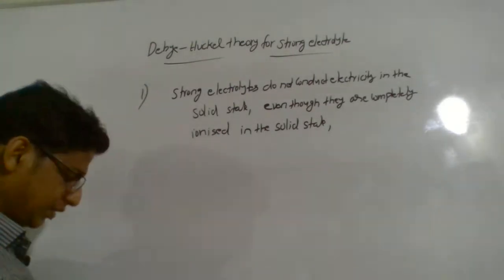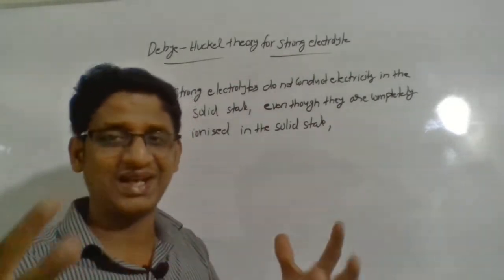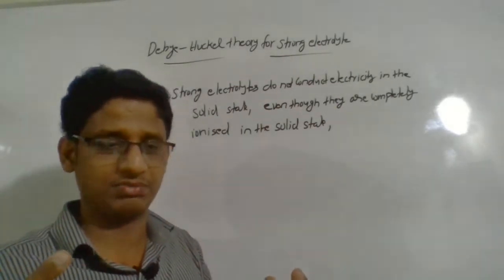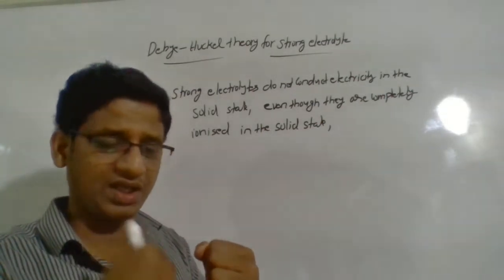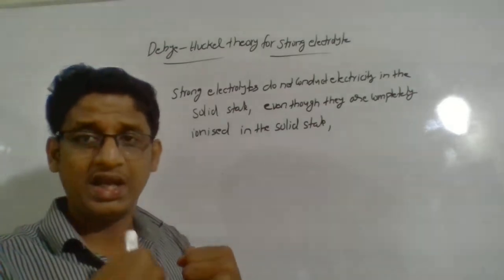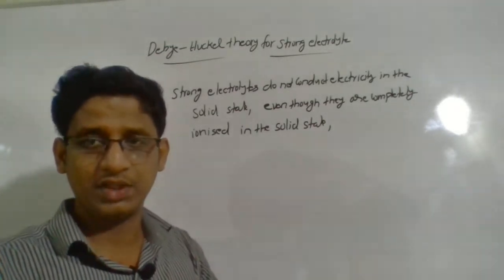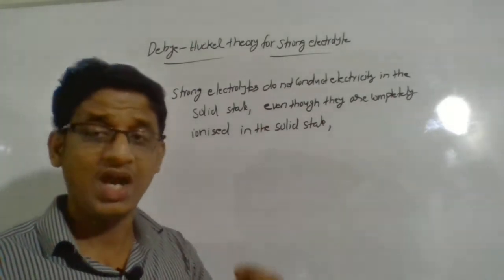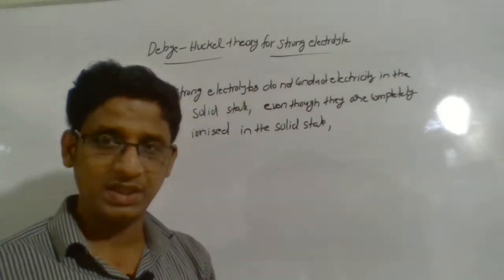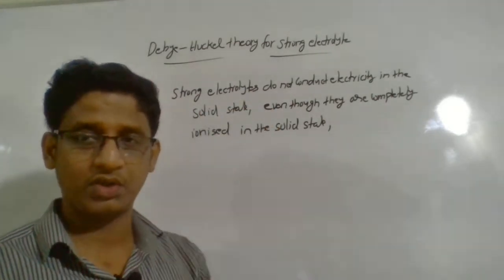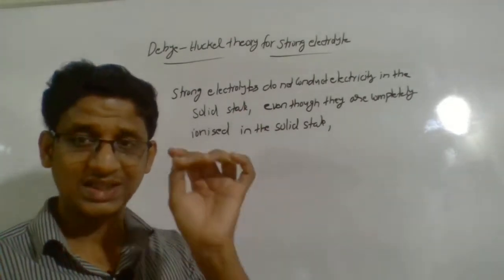Because ions, meaning positive and negative charged ions, are formed, they are completely ionized, but the positive charged ion attracts the negative charged ion. So the positive and negative charged ions attract each other, and the ions are not able to move to perform conductivity. If you want to measure conductance, the ion has to move. The mobility of ions is very important. So mobility of ions is restricted when you talk about strong electrolytes in the solid state.